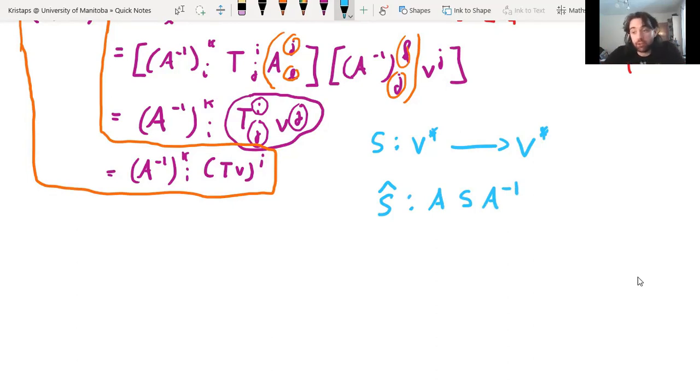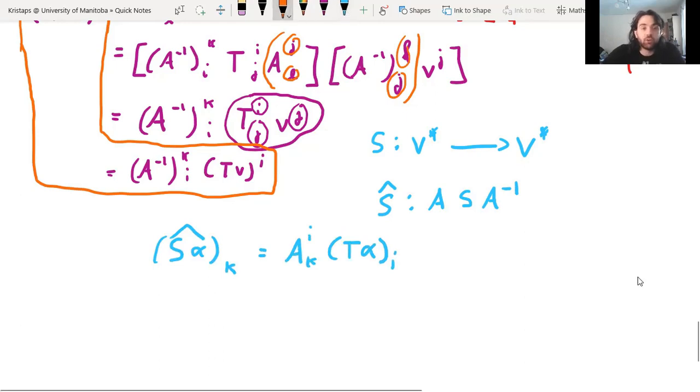And so putting this together, by an entirely similar argument, one would find that the transformation of S acting on an alpha and then transforming to the new basis and asking for the kth component of that, this would be the result of having a_k^i being multiplied by t applied to alpha in the original basis.